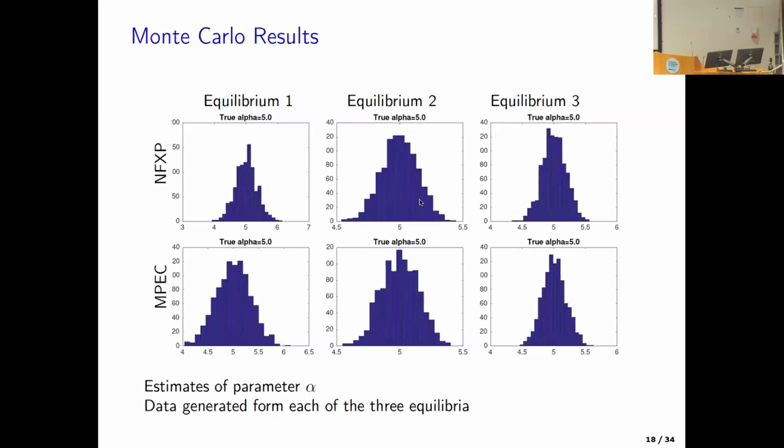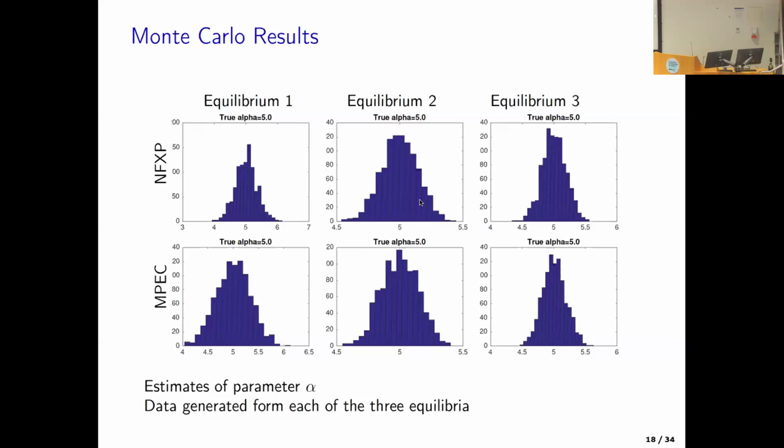So we can implement this, and if we estimate this model 1,000 times and make some histograms, the true parameter of alpha is 0.5. It actually nails it.